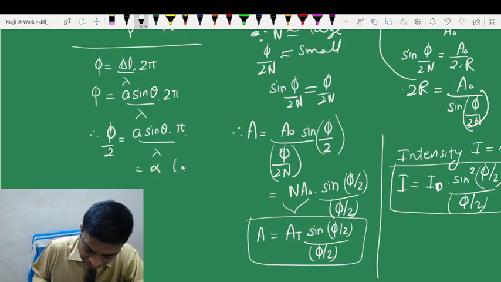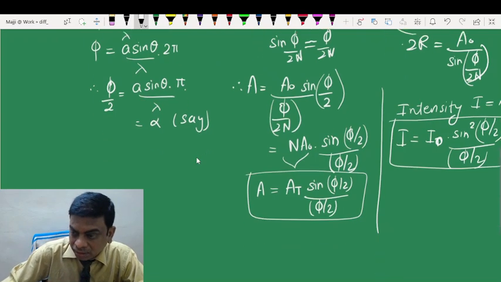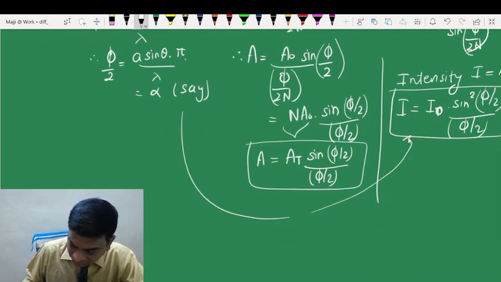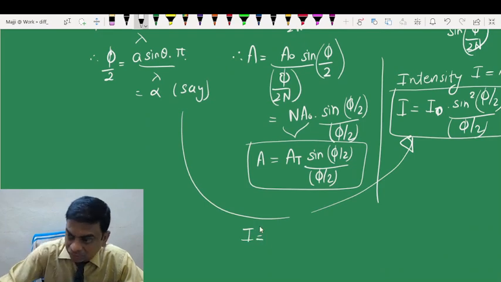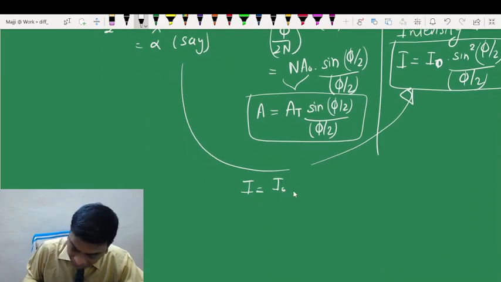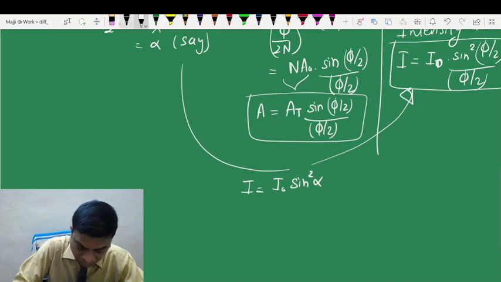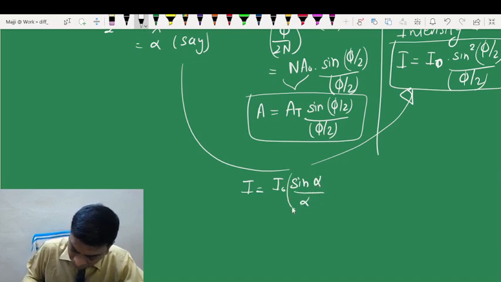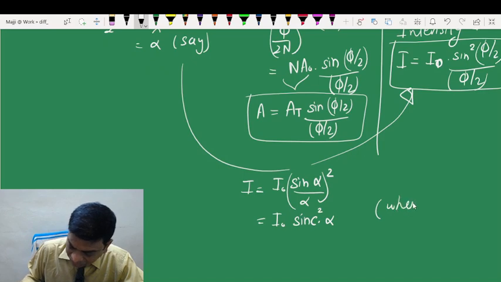If I write it as alpha, then this expression can be written as I is equal to I naught into sine alpha by alpha, whole square. In foreign books, you will find that this is written as sinc squared alpha, where sinc x would mean sine x upon x.